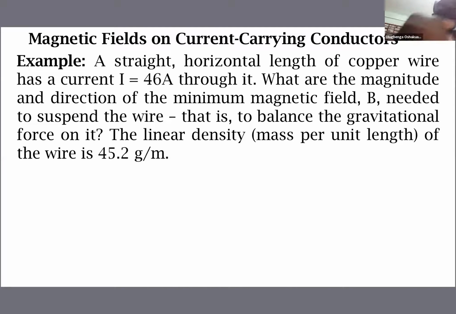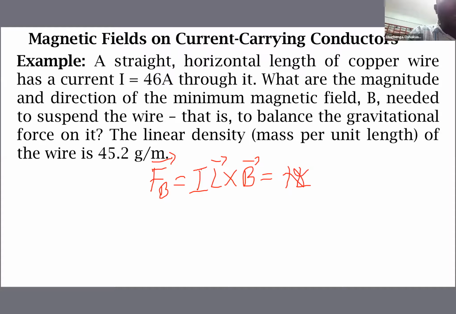The question is saying, what are the magnitude and direction of the minimum magnetic field B? We've defined magnetic force to be equal to IL cross B, which we can say FB is equal to ILB sine theta.